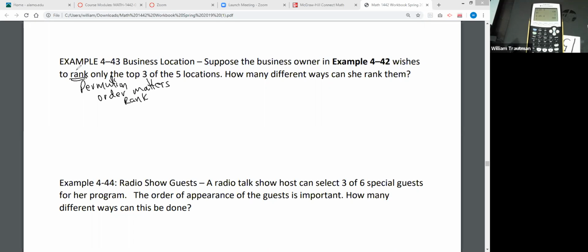So we have 5 locations, location A, B, C, D, E, but we want to rank the top 3: first place, second place, and third place. How many different ways can we rank these? How many different locations can I put in the first spot?